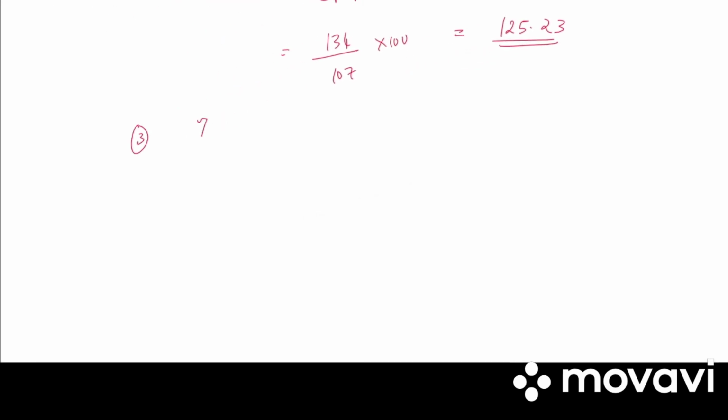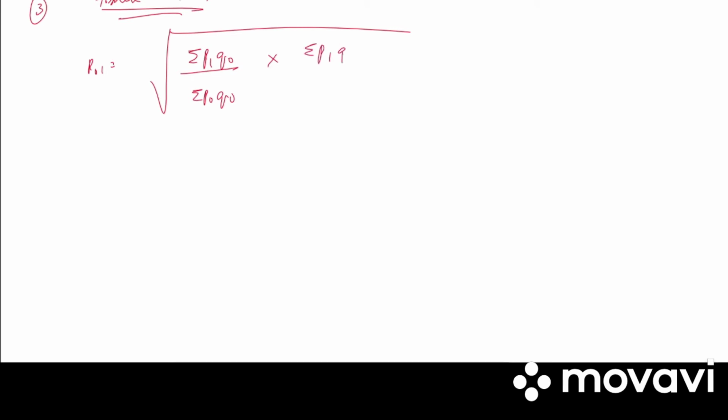And last we have Fisher's method. P01 is equal to square root of summation P1 Q0 divided by summation P0 Q0 into summation P1 Q1 divided by summation P0 Q1 into 100.